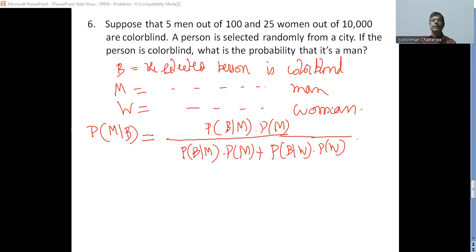Now, what are these things? Among the men, we know that 5 out of 100 are colorblind. So probability of B given M is 5 by 100, that is 1 by 20.